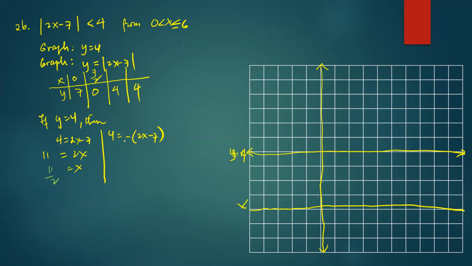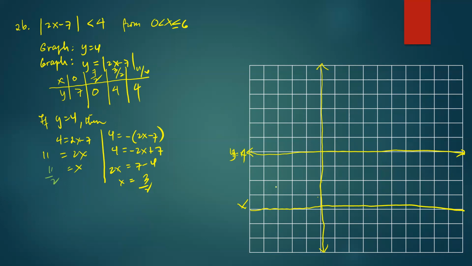While on the other hand, we have here 4 is equal to negative 2x plus 7, or that is 2x is equal to 7 minus 4, or that is x is equal to 3 by 2. Okay. So we have here 3 by 2 and 11 by 2.